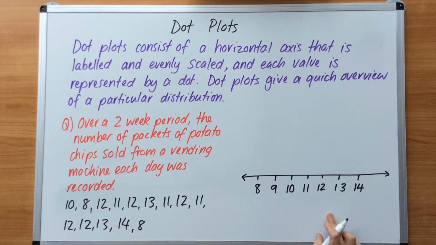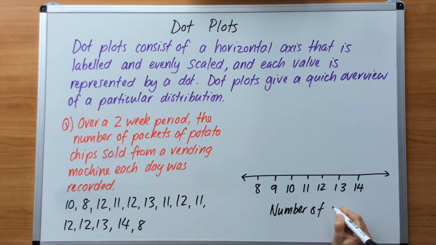And we have to name this axis on the bottom, and this is representing the number of packets of chips sold. And you can name that any way you like, it's up to you.